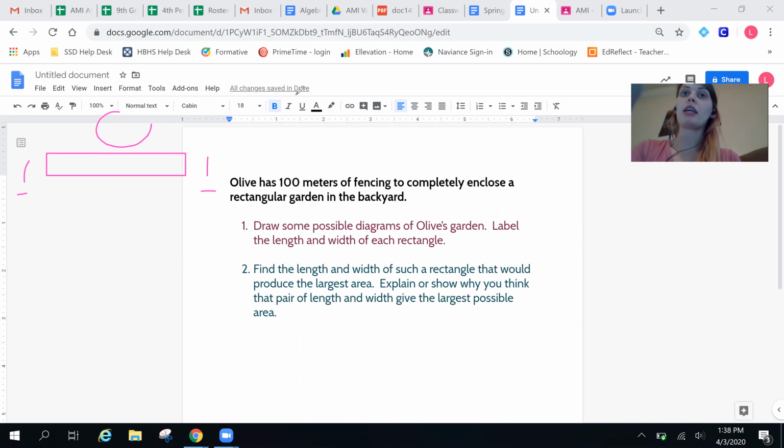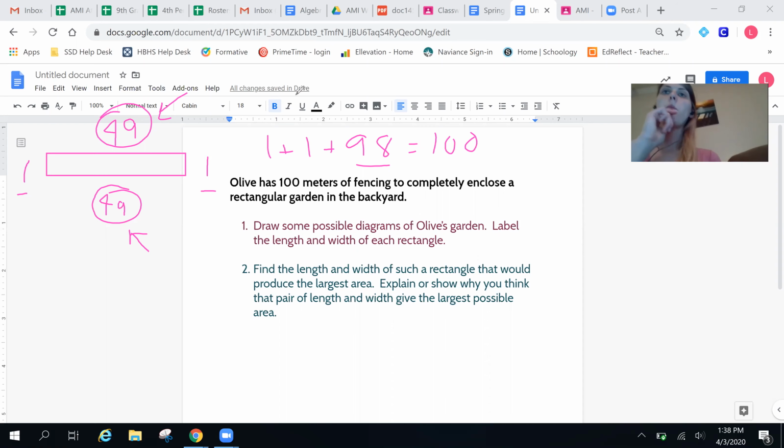And then whatever we put here and whatever we put here have to be the same values as well. So if I've got 1 and 1, 1 plus 98 gives me 100. So that means I'm going to put half of 98 right here and half of 98 right here. So half of 98 is 49 and 49. Okay, so that's one option.